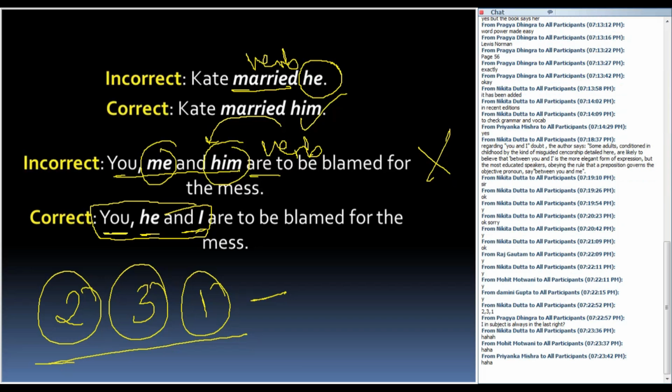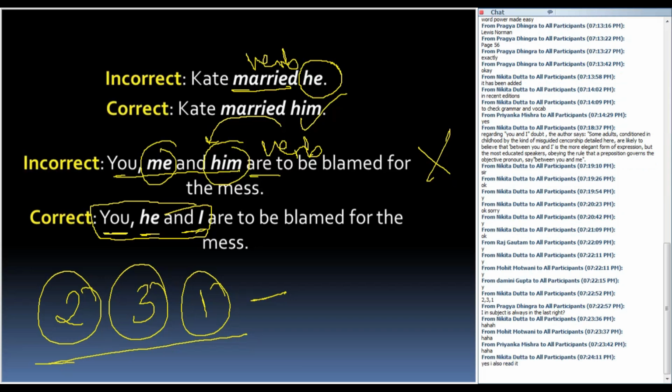You should say I, you, and he are to be blamed. So you should be the first person to take the blame. But whenever it is a matter of taking credit, then you should keep yourself last. That is what many students have told me over the years.